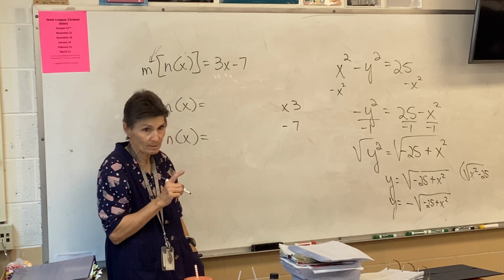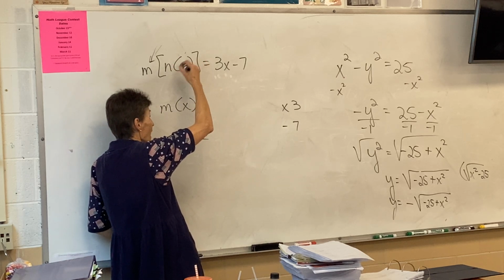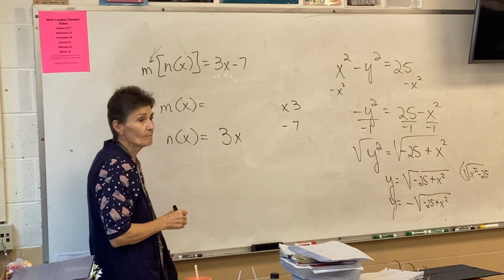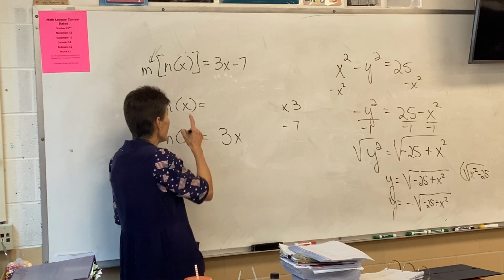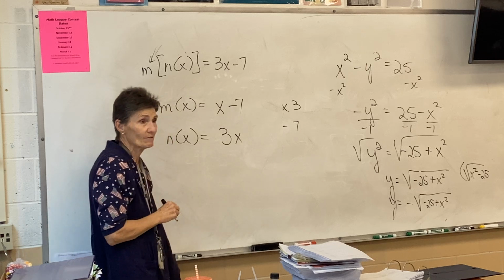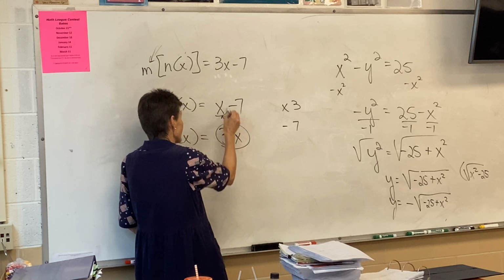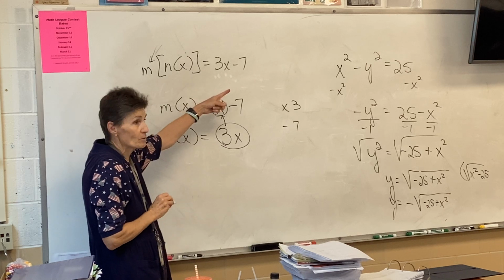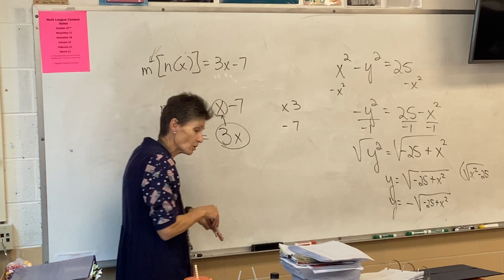Because we multiply before we subtract. So the first thing that has to happen is I have to multiply by 3. So n is the function that takes the number and multiplies it by 3. And then m has to do the other thing. So it's going to take a number and subtract 7. Now, look what happens. If you put this into here, do you get 3x minus 7? Yep, just like you were supposed to. If you put your n function into your m function, you get it. All right, now I'm done talking about that.